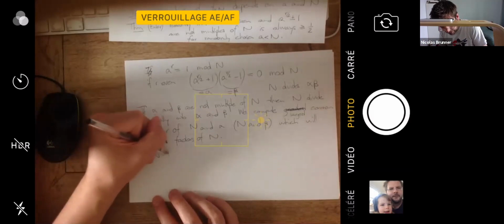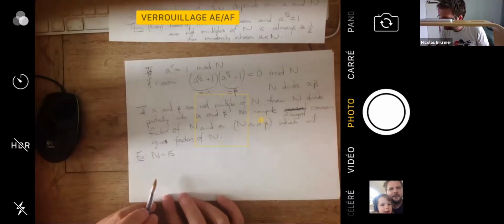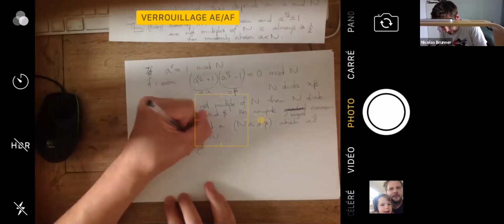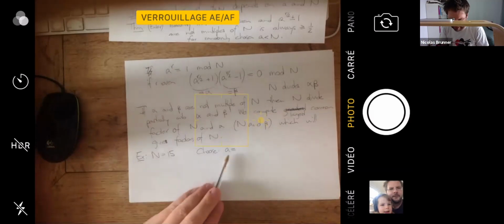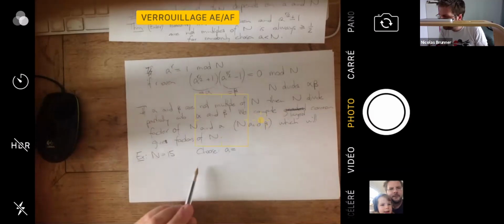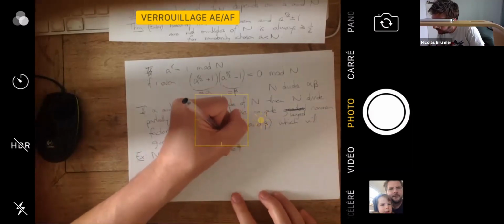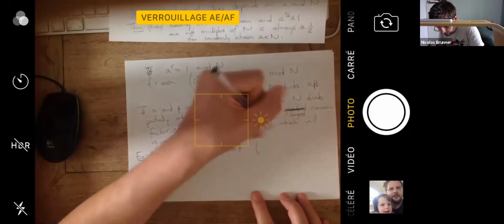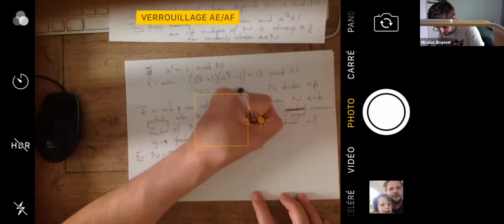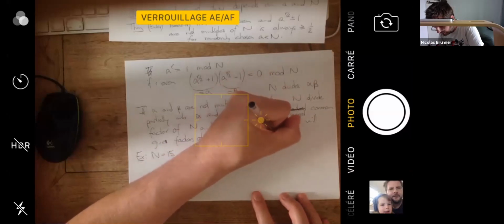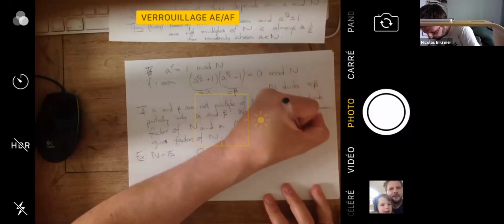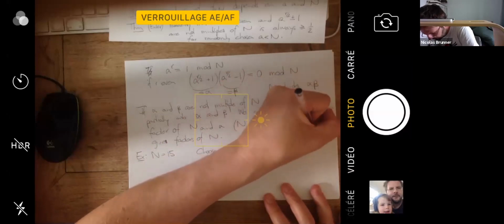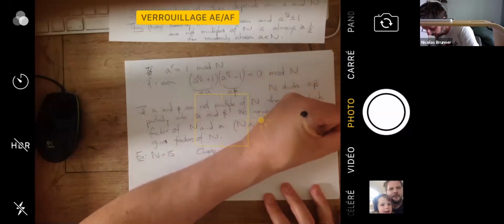So let's do an example where our number to be factorized is 15, and we are going to choose an a. Remember we have to pick an a that is smaller than n and co-prime with n. So we are going to take a equal 7. But of course there are other choices: one could pick a equal 2, 4, 7, 8, 11, 13, 14.